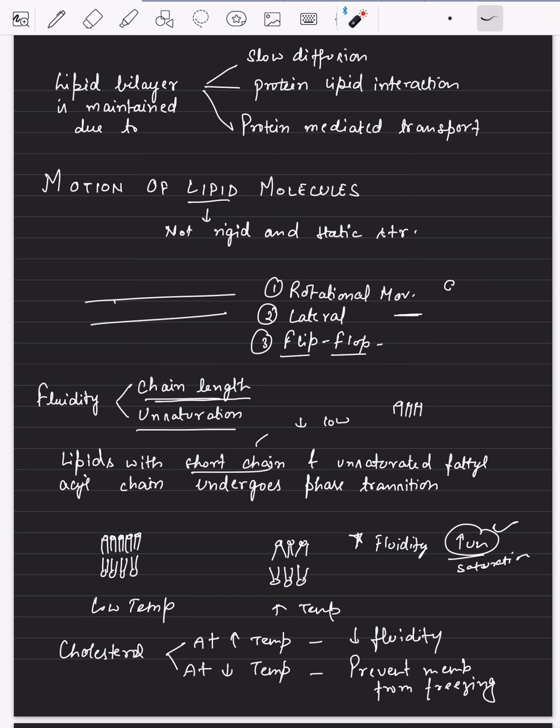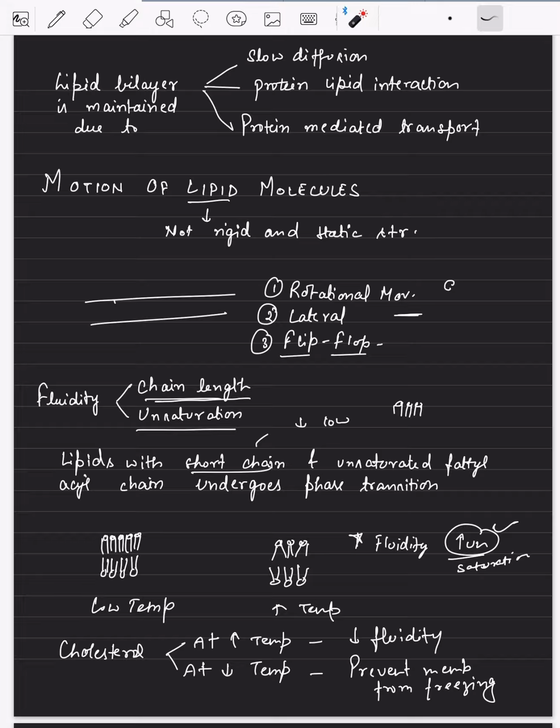If we talk of the motion of the lipid molecule, it is not a rigid and static structure, right? Rotational movement is observed, lateral movement is observed, as well as flip-flop movement. Fluidity depends on the chain length as well as the unsaturation.